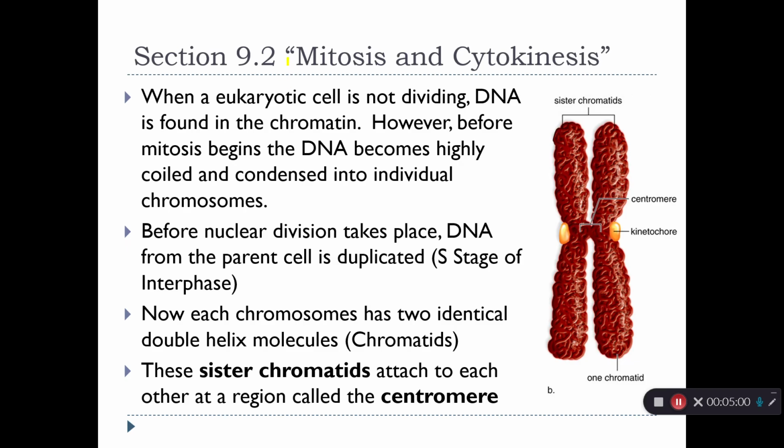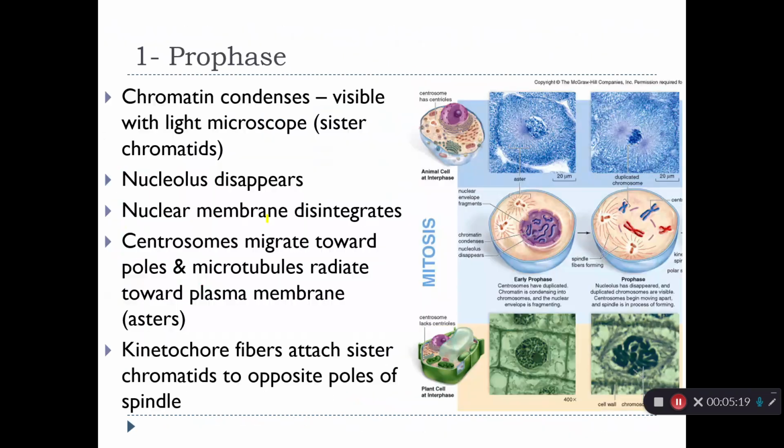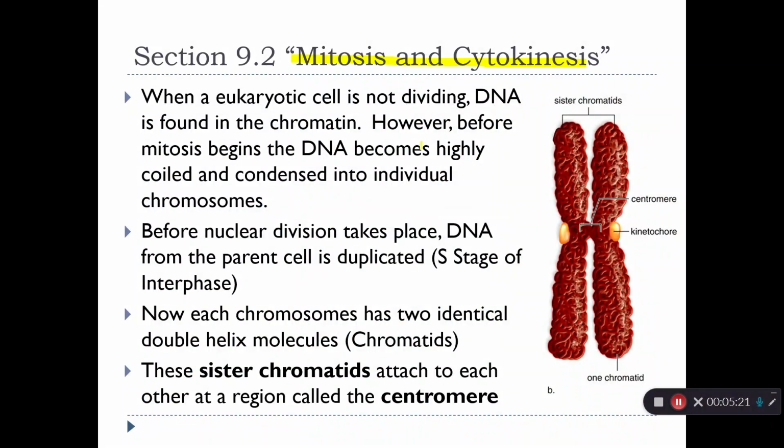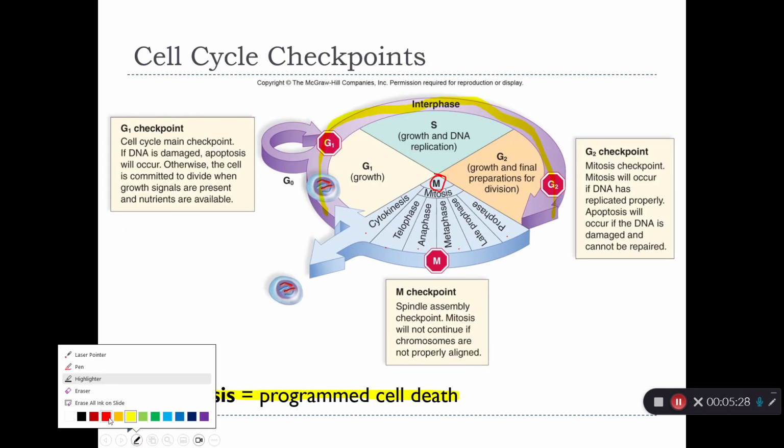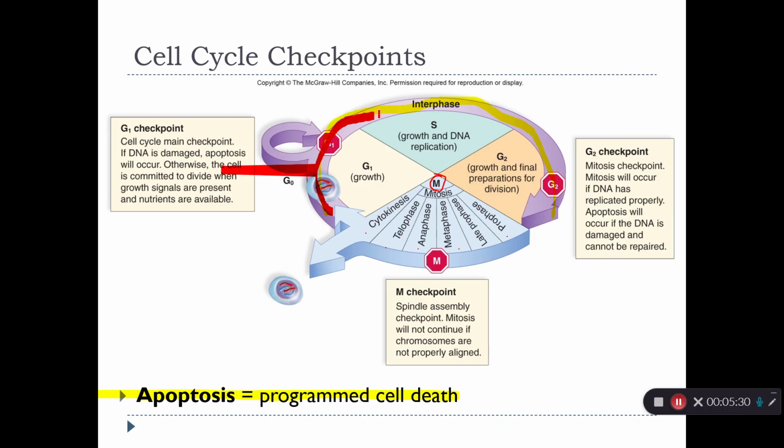Okay, when we talk about mitosis, that's the division, and cytokinesis. When a eukaryotic cell is not dividing, DNA is found in the chromosome. This is a doubled chromosome. When it's not dividing, it's found in its chromatin form. So your cell, this whole time right here, your DNA is in chromatin form.